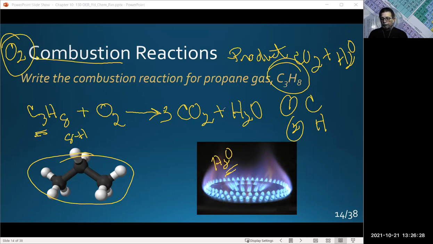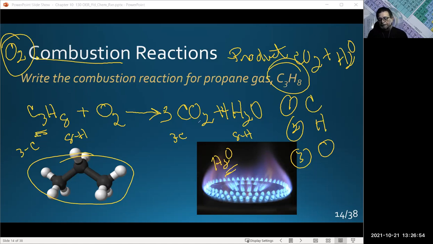So I can simply put a 4 in front of H2O, and that gives me 8 hydrogens. So my hydrogens are balanced, my carbons are balanced, and I have 3 carbons over here. So they're happy now. Carbons and hydrogens are okay. And then number 3, finally balance the oxygen.